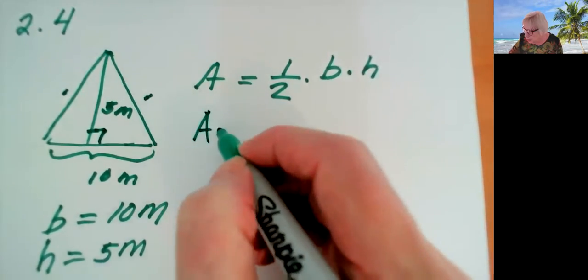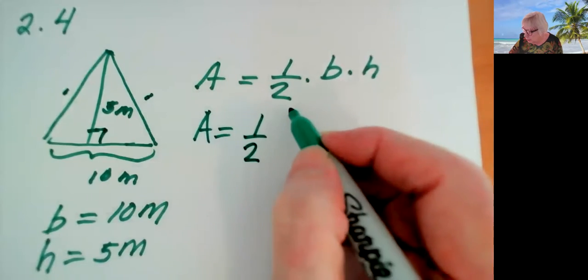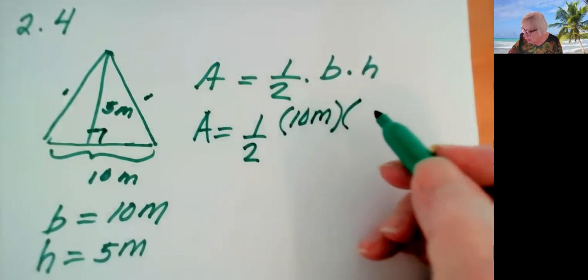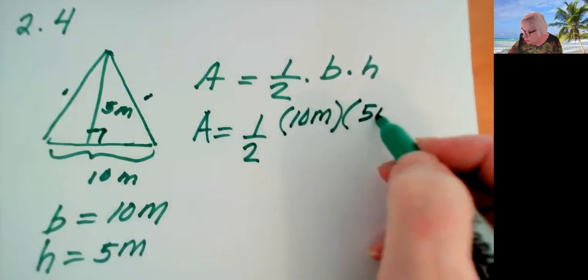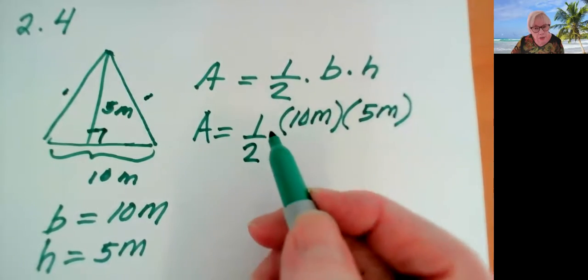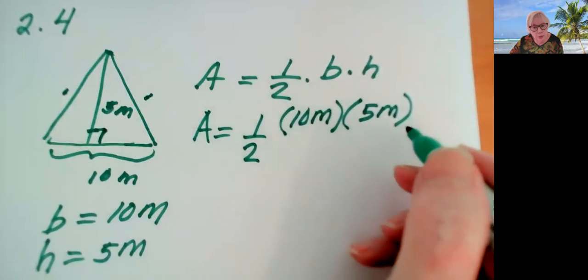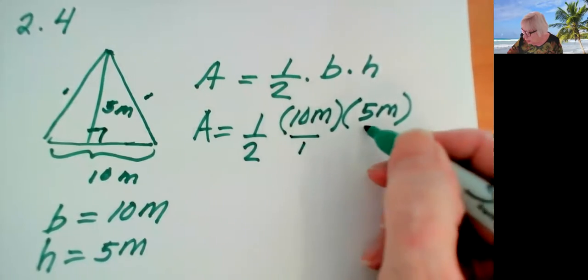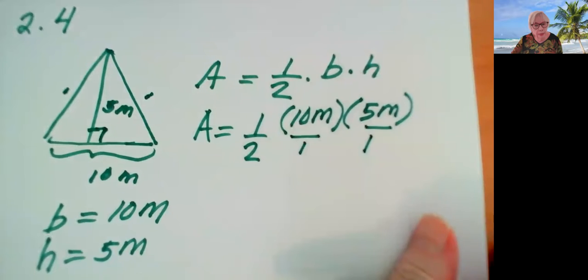So in our case, we would have 1/2. The base is 10 meters and the height is 5 meters. And because we were working with fractions and multiplying, notice how I wrote these numbers high on the fraction line. This might help a little bit.